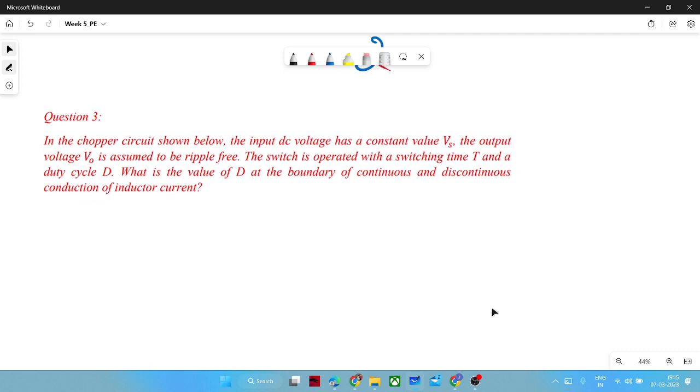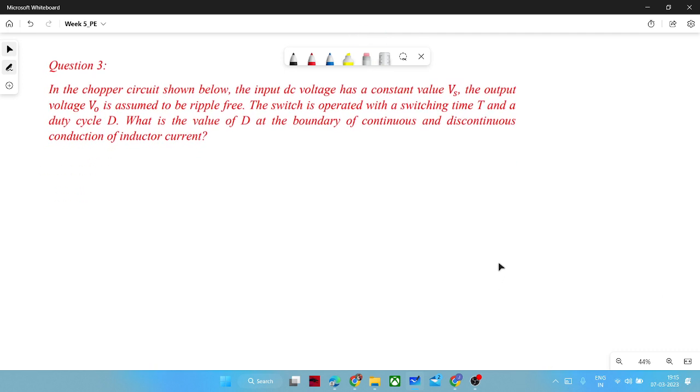At the boundary, that boundary condition justifies that your converter is just continuous. So we can apply all the conditions from conventional continuous mode operation and further we integrate and then we will see how to move it.